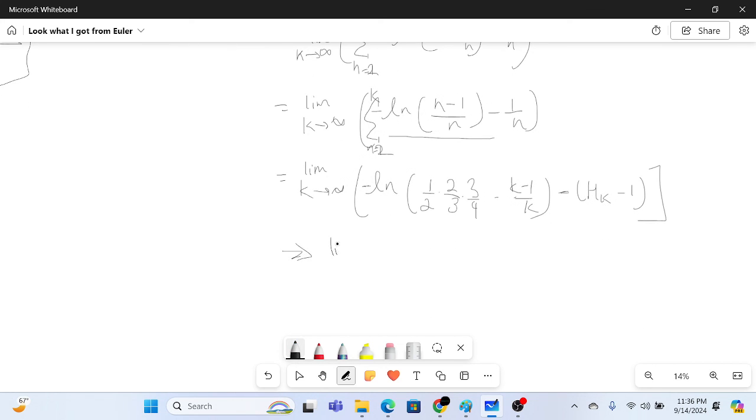Now the limit as k goes to infinity of this is minus ln of 1 by k, which is ln of k. And this is minus H of k plus 1, right? This is the limit as k goes to infinity. Now this is 1 minus H of k minus ln of k.